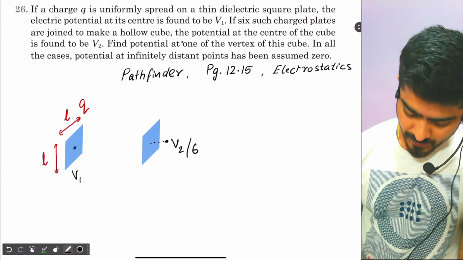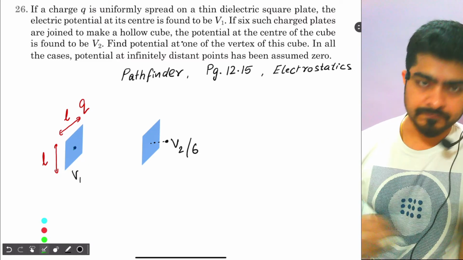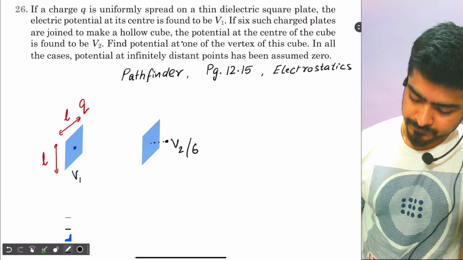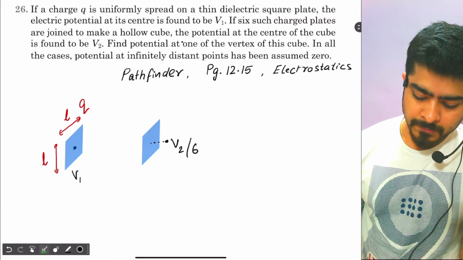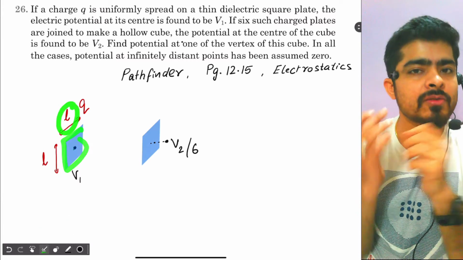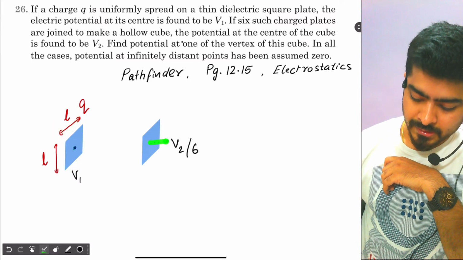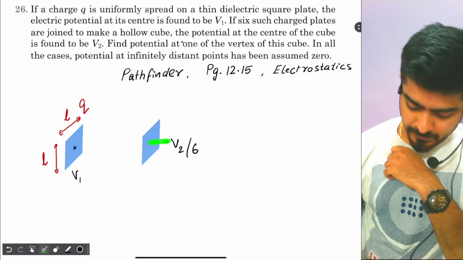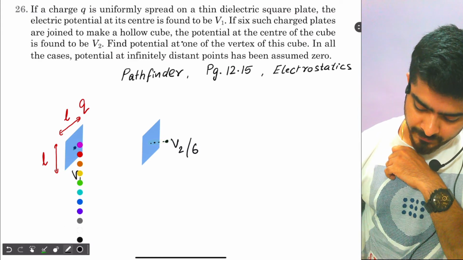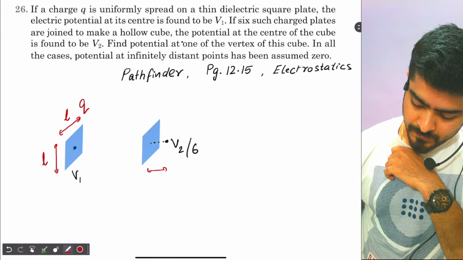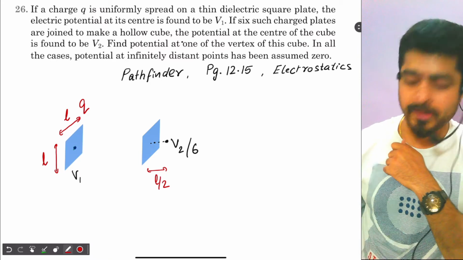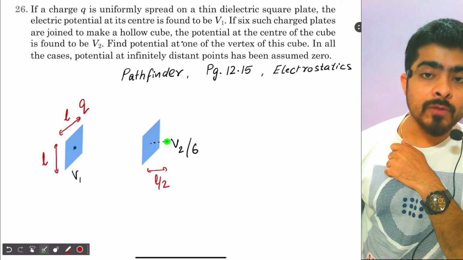Now, if the square plate has side L, then the cube also has side L. Then the center of the cube is at how much distance from the center of the plate? This distance will be L by 2. This is the center of the cube.